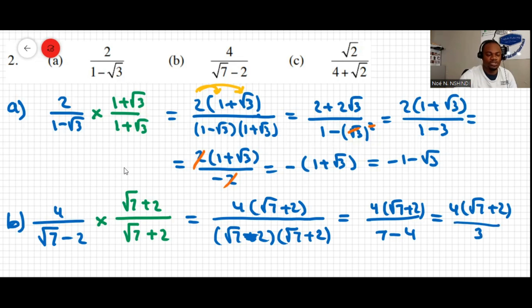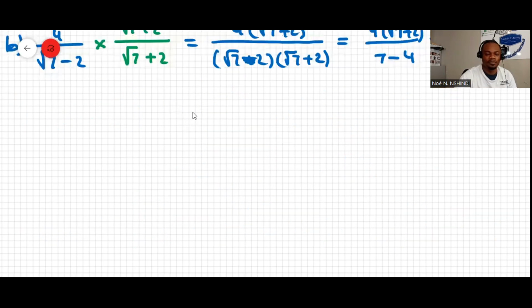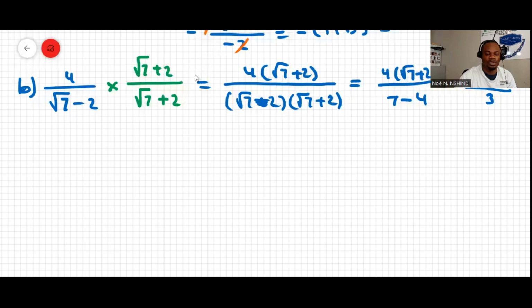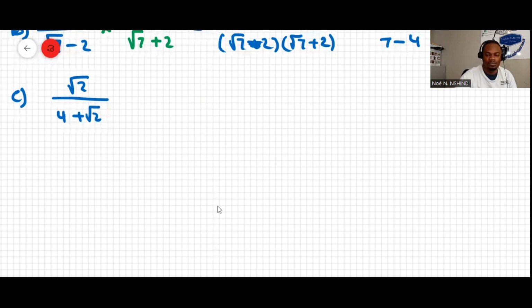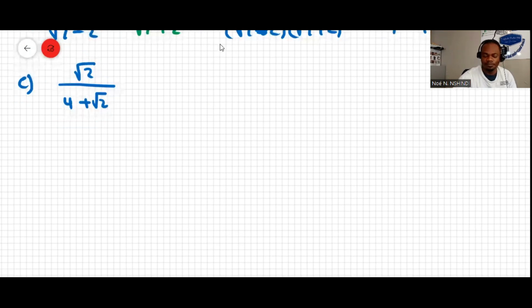We can also do question C the same way. Question C, which was root 2 under 4 plus root 2. So we're going to multiply this by 4 minus root 2 over 4 minus root 2.